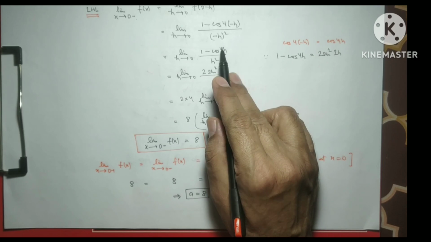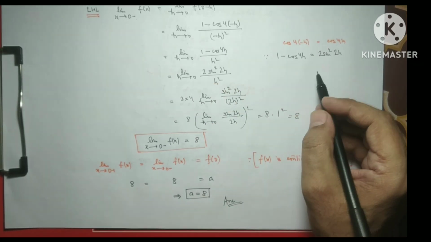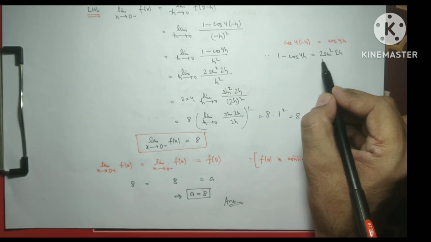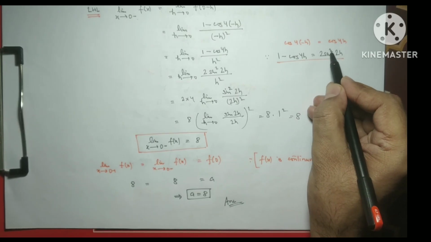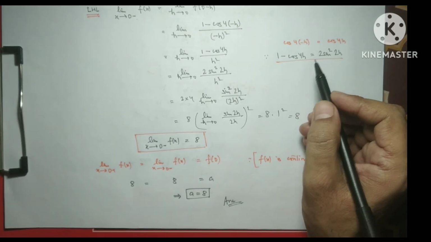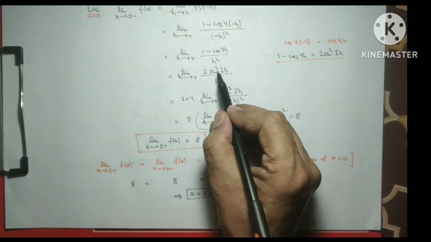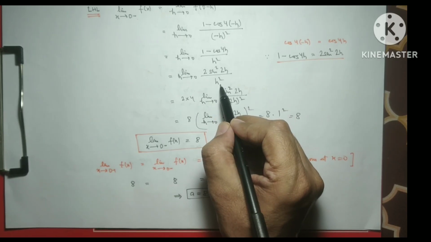So you get cos 4h, and 1 minus cos 4h according to trigonometry will be 2 sin square 2h, by the half angle formula. So it is 2 sin square 2h, and this is over h square.